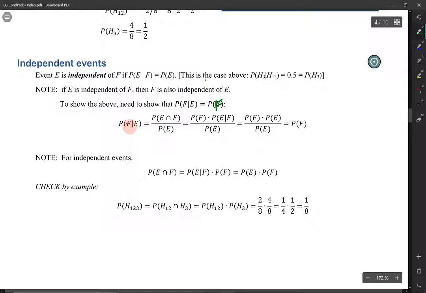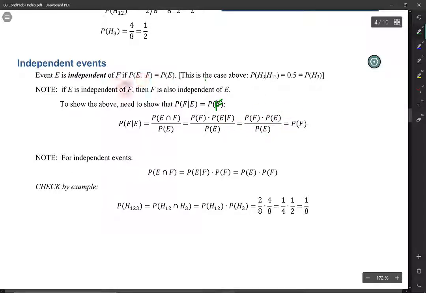So by the definition, this is the probability of E and F divided by the probability of E. So E and F, you can write as the probability of E given F times the probability of F. But the probability of E given F is the same, it's independent.